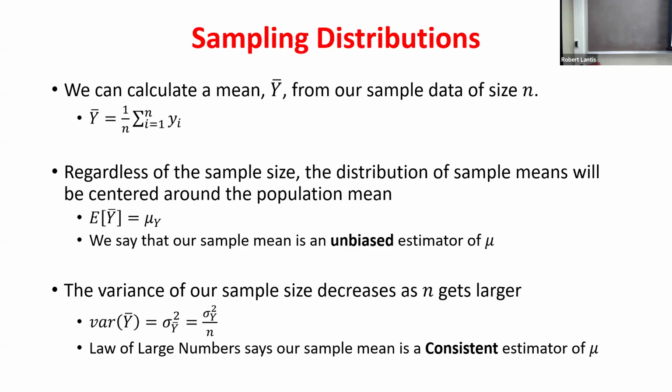So why does this happen? If I'm just choosing people at random, I could get a GPA value of 0.2. Hopefully not a lot, but I could get a really low value. I could get 4.0. If I take 50 random students, what's the likelihood I'm going to see 0.2 or 4.0 as the average GPA across all 50? Not very likely, right? So the higher the sample sizes I take, the more likely I'm going to see sample means that are in the middle, right around that true population mean. As I take higher and higher sample sizes, the variance of our sample means is going to go down.